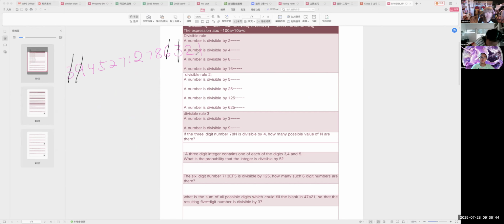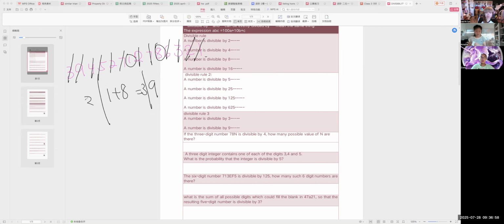And 2 plus 1 is divisible by 3, right? Cross them. 7 plus 2 is divisible by 3, 2, 7, and 4, 5. So what's left? 1 and 8. So 1 plus 8 equals 9, divisible by 3. This whole number is divisible by 3. Get it? So Amelia?